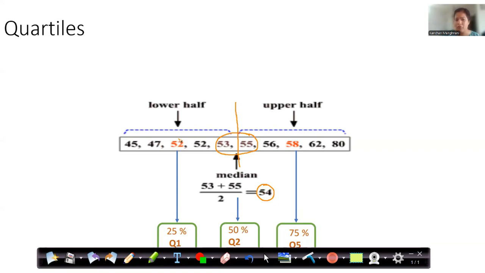In this case, it would be 52, which we will call Q1 because this is the median of the lower half, and we give it a percentile of 25, meaning 25% of my data is below 52 and 75% of my data is above 52. Similarly, you do the upper half. So quartiles divide your data into 4 equal parts.